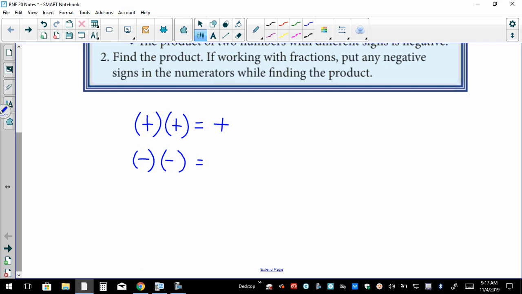Positive, right? Because a negative times a negative is a positive. If I have a positive times a negative, I'm going to have a negative. And if I switch that, same thing. If I have a negative times a positive, what am I going to have? Negative. Make sure you have those rules down underneath, okay?